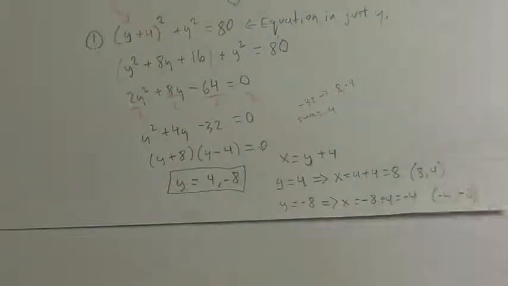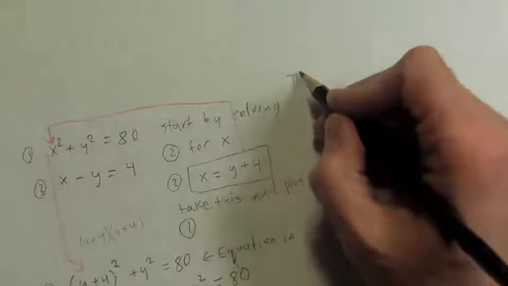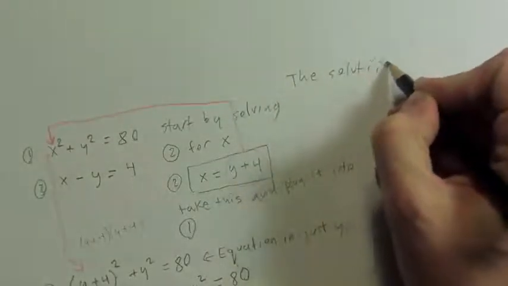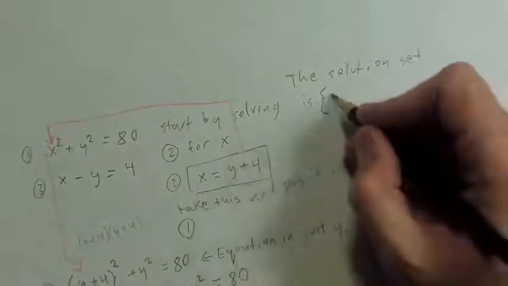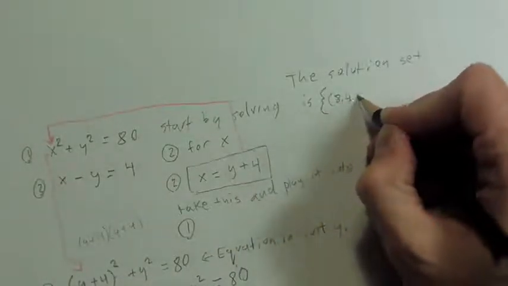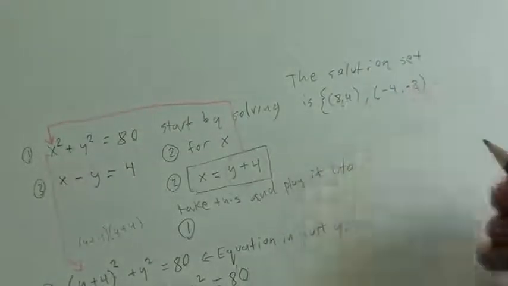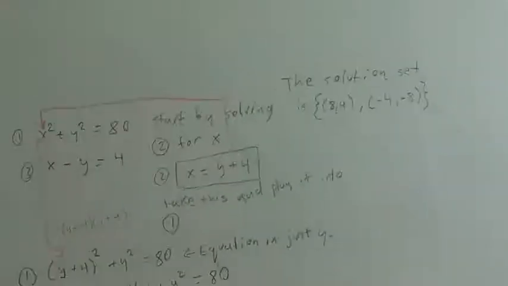So our solution set is these 2 points: the point 8, 4 and the point negative 4, negative 8. And there we go.